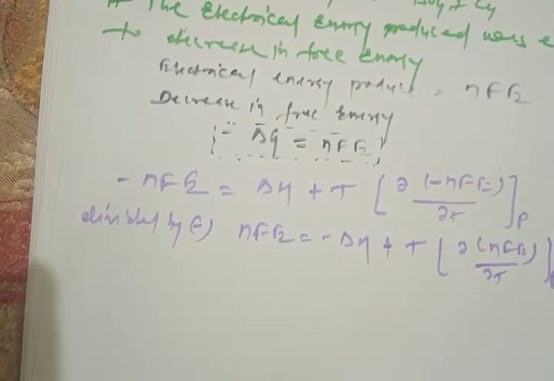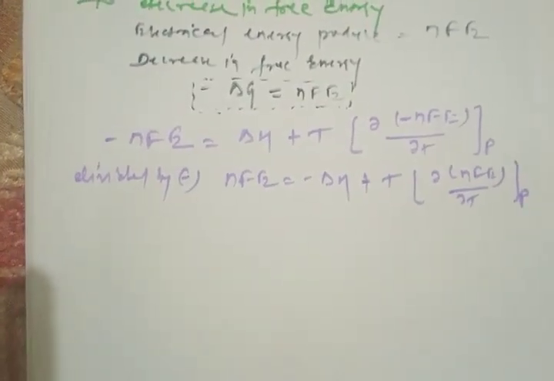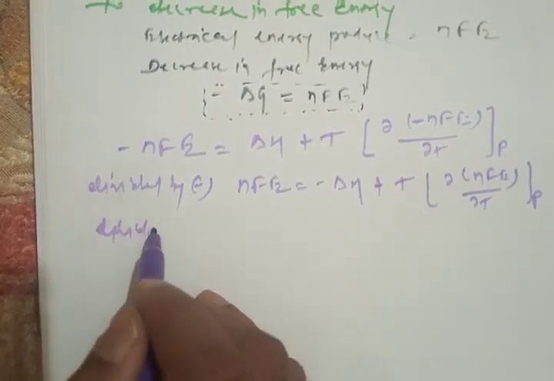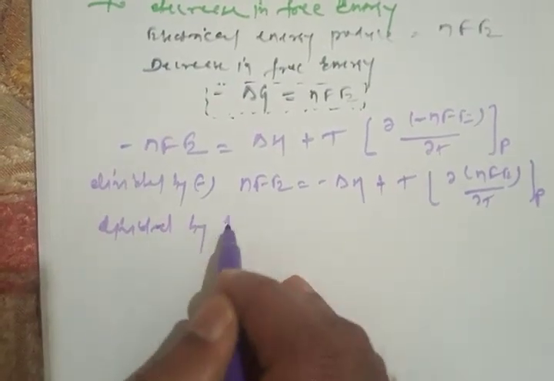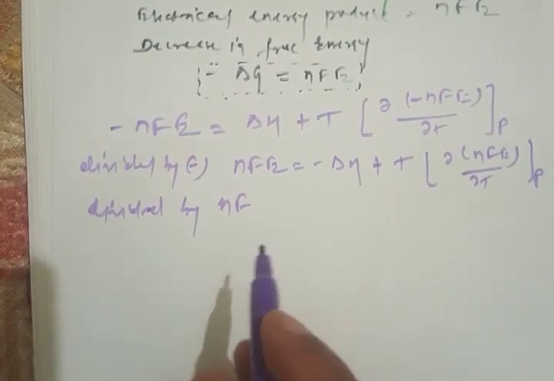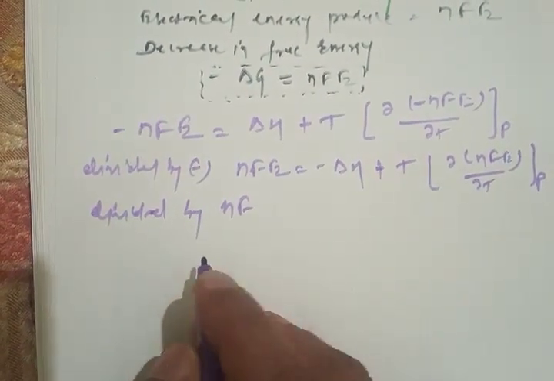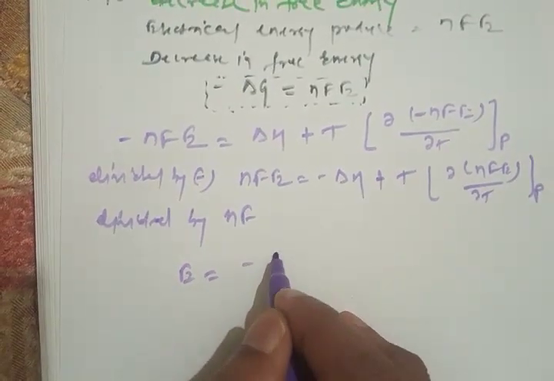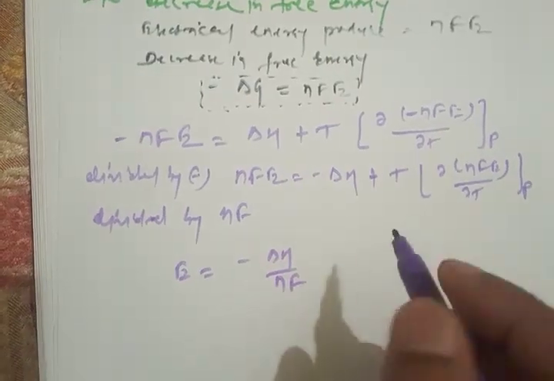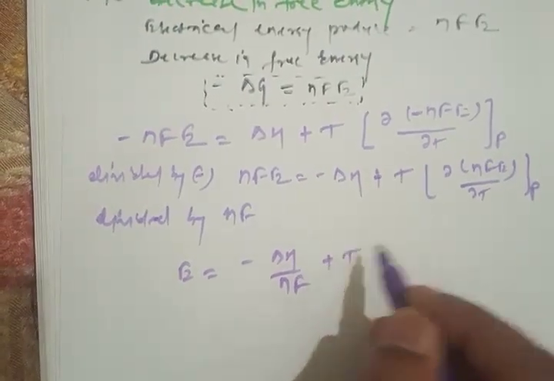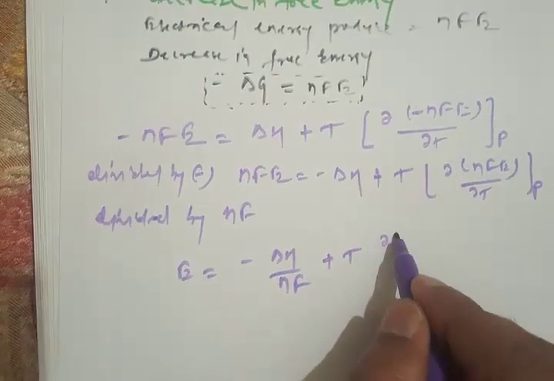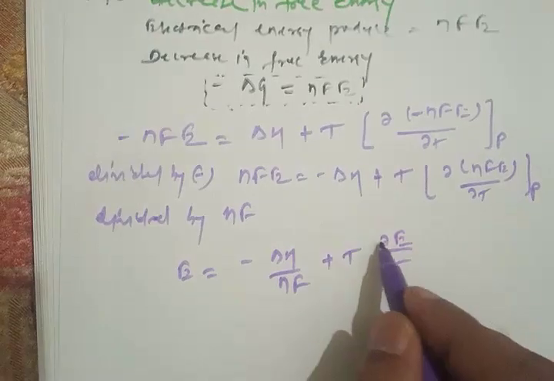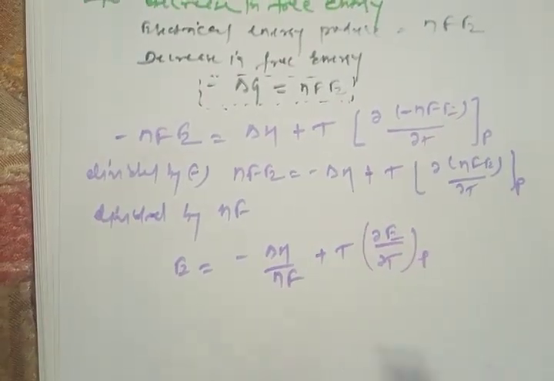Then again you can divide by nF. Once you divide by nF, the equation looks like E equals minus del H upon nF plus T del E upon del T at constant pressure.